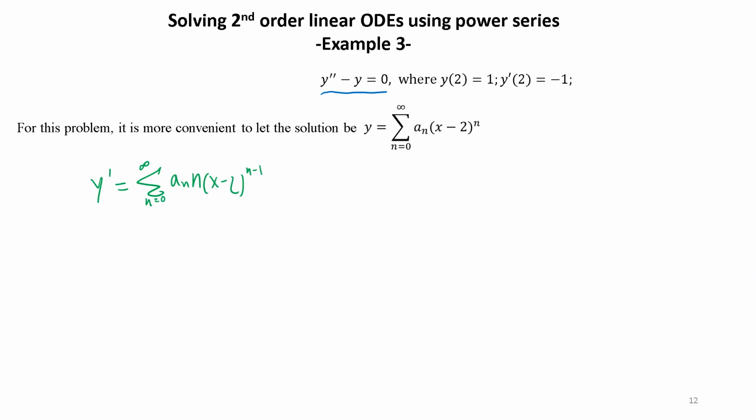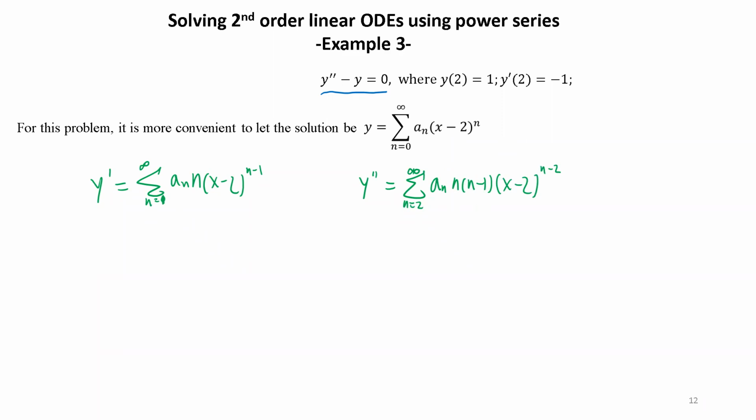And then again, take it one more time, and then y double prime is given by, right, this time an extra factor of n minus 1 is up here, and then I have this x minus 2 to the n minus 2.